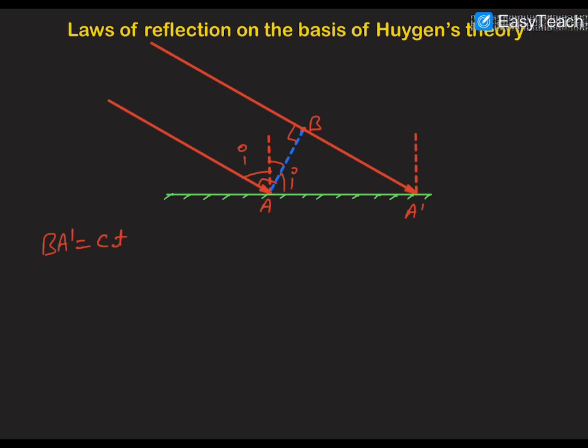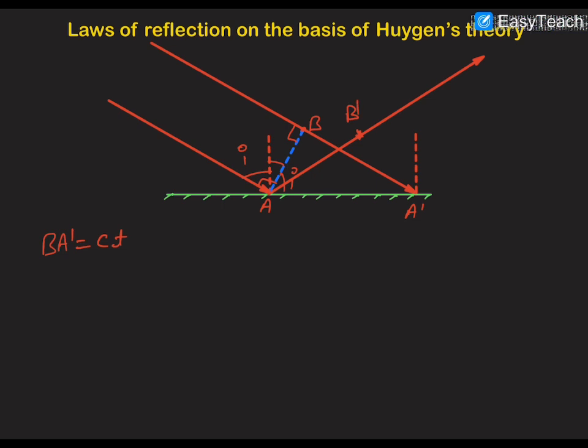So I'll draw the reflected ray. This ray will be reflected. This is the reflected ray. And in the t time, let's suppose this ray reaches from A to B dash. This point is B dash. Okay.